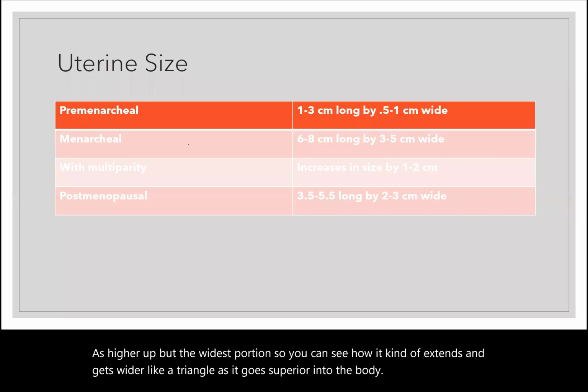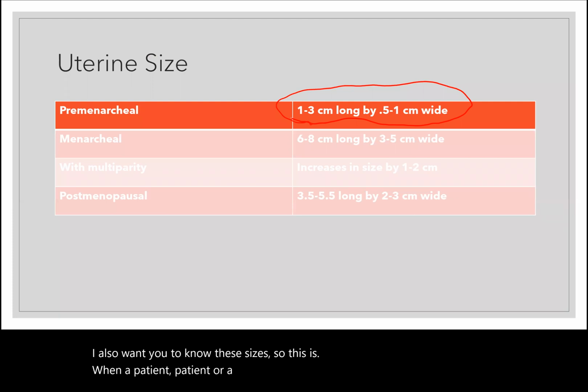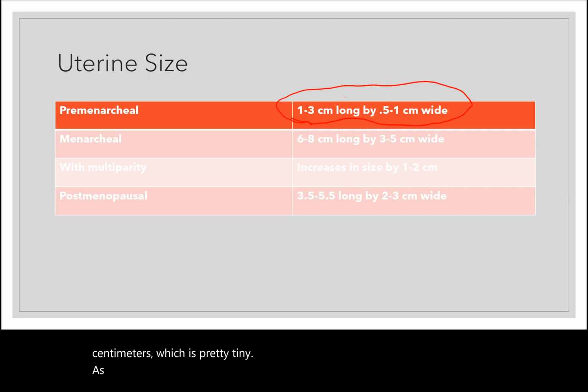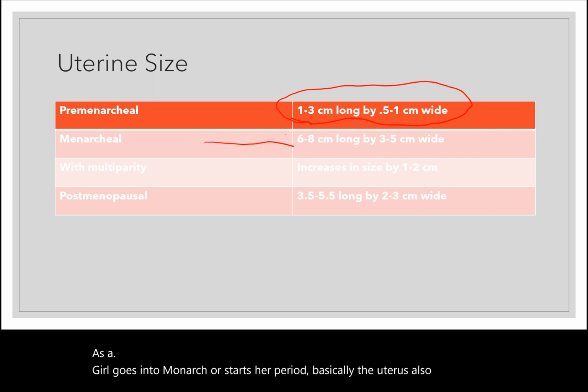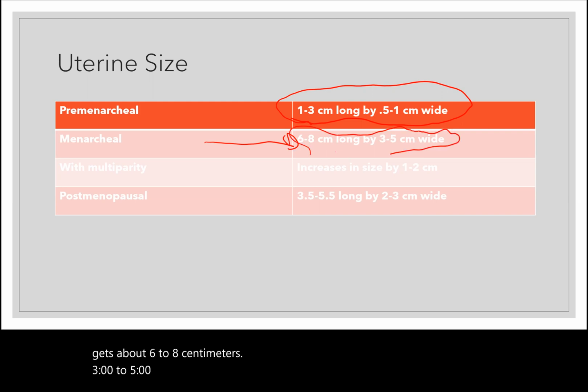I also want you to know these sizes. So this is when a girl hasn't gone through puberty yet, they're going to have a pretty small uterus. It's going to be 1 to 3 centimeters, which is pretty tiny. As a girl goes into menarche or starts her period, the uterus also grows and gets about 6 to 8 centimeters, 3 to 5 width.